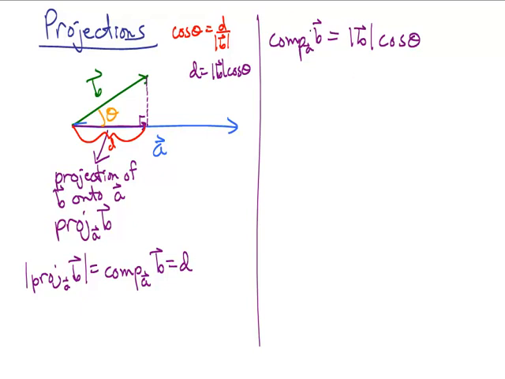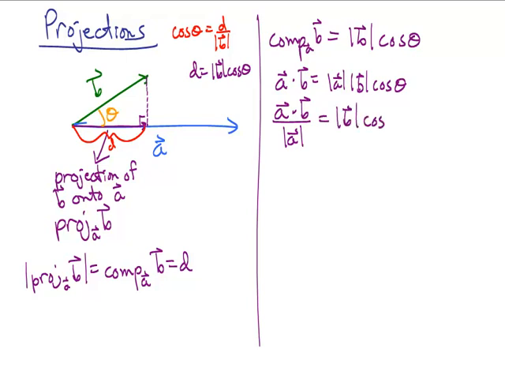All right. Now, what do I know? Well, I know that A dot B, by definition, is the magnitude of A times the magnitude of B times the cosine of theta. And so, dividing both sides by the magnitude of A, I have that A dot B divided by the magnitude of A is equal to the magnitude of B times the cosine of that angle.